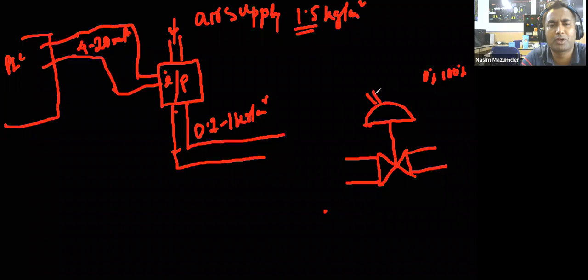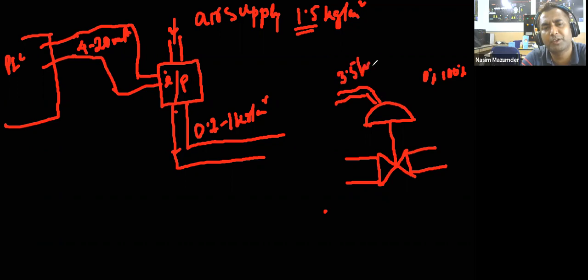So to control this control valve, we need some different air pressure, say 3.5 kg per centimeter square or 4.5 kg per centimeter square. Now I am having only 0.2 to 1 kg per centimeter square. So how to increase this pressure?